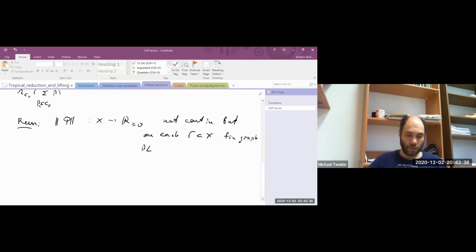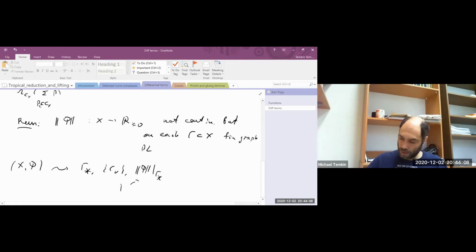And now we can imitate the same thing as we have done before. We can consider now the tropical reduction, which looks as follows. We can consider here Γ_X, the curves, and the absolute value of φ restricted to Γ_X.